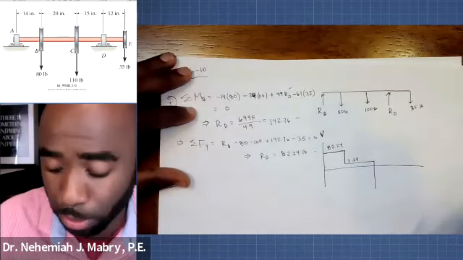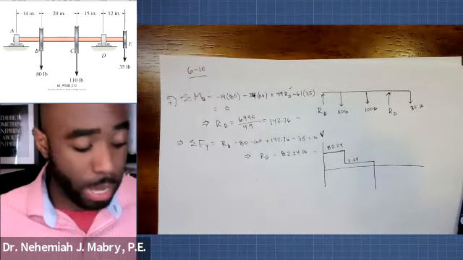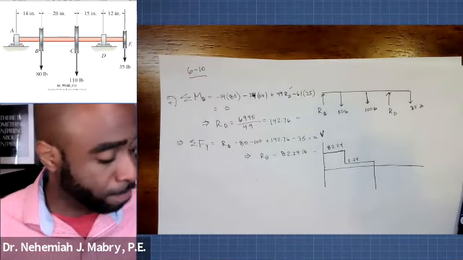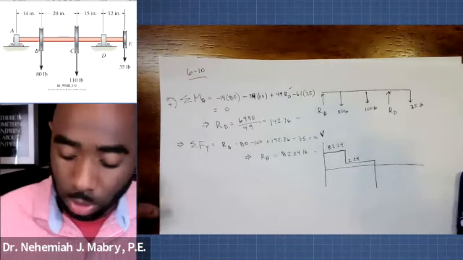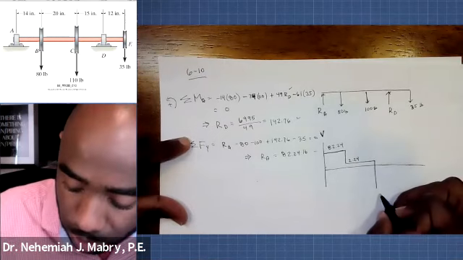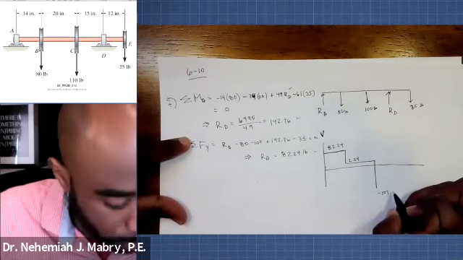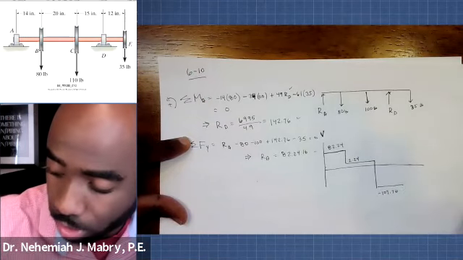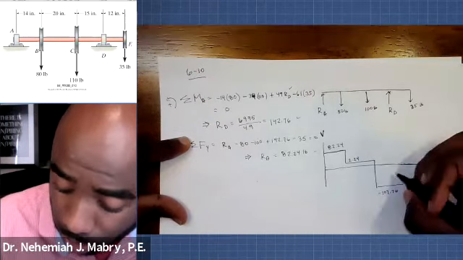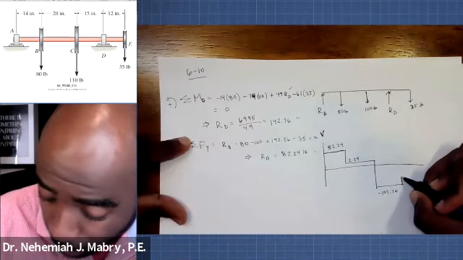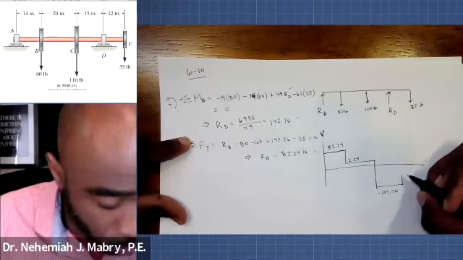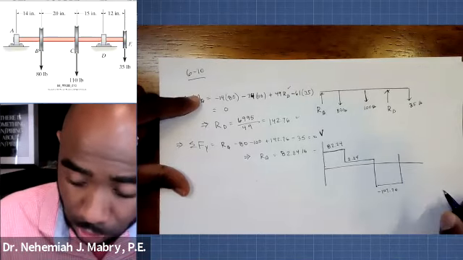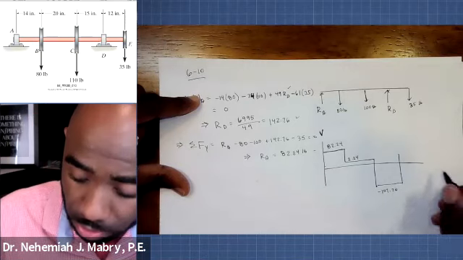Let me round that a little bit for you. That's going to be about negative 107.76. Come over here and go up. RD is 142, so that pushes us all the way up to roughly 35.